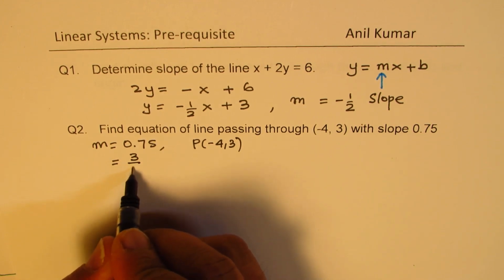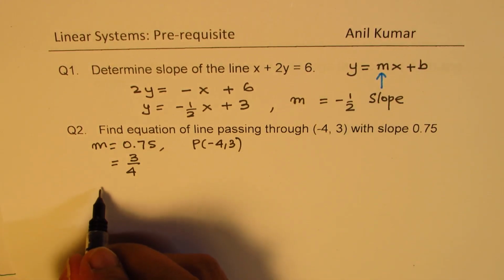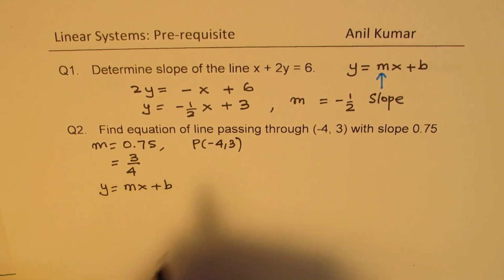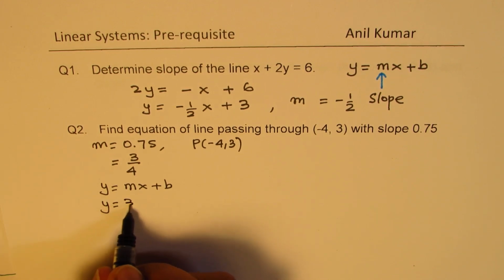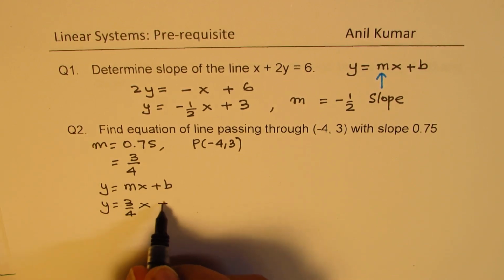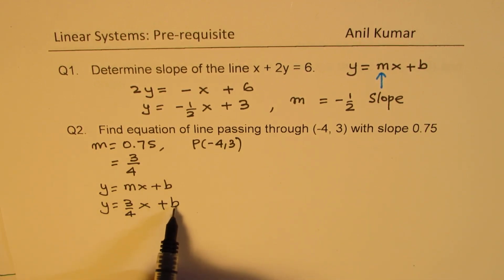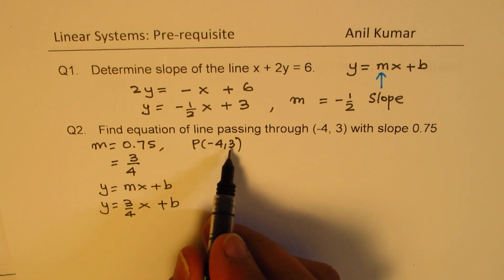You could say 75 over 100 and then 3 over 4. Now we'll use the equation y equals mx plus b to get the equation. Slope is 3 over 4, so we get y equals 3 over 4 x plus b. Using this point, we can find value of b, the y-intercept. Minus 4 is the x value, 3 is the y value.